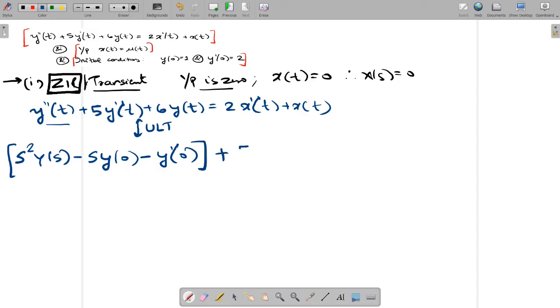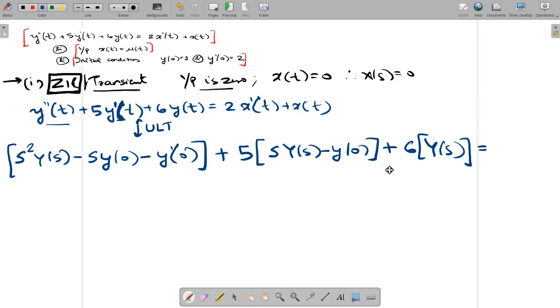Plus 5 times y single dash of t, the d by dt of y of t, whose unilateral Laplace transform is s y of s minus y of 0, plus 6 y of s, is equal to 2 times x dash t, which is s x of s minus x of 0, plus x of s.